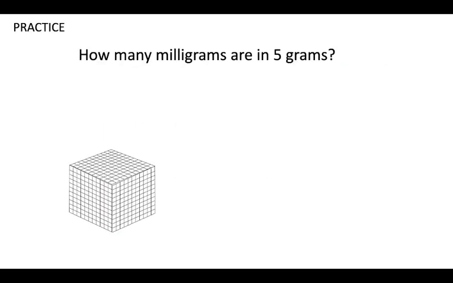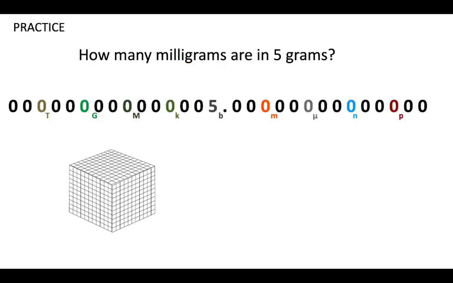A good way to perfect your understanding of the metric system is to practice conversions. In this case, let's look at a question: how many milligrams are in 5 grams? So we have 5 in this position, and we'll change our base to gram. And this may seem counterintuitive, but as you move to the right, we're going to multiply, because we're going from the left of the decimal point to the right of the decimal point.